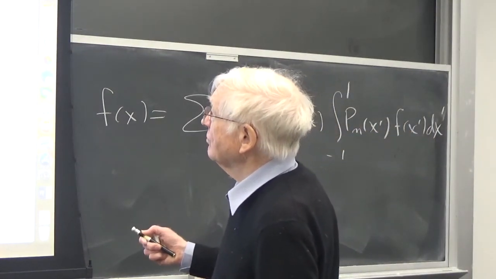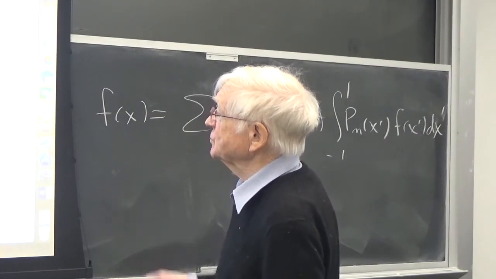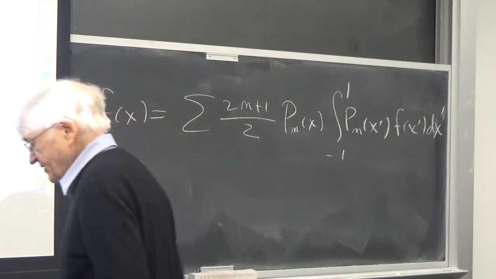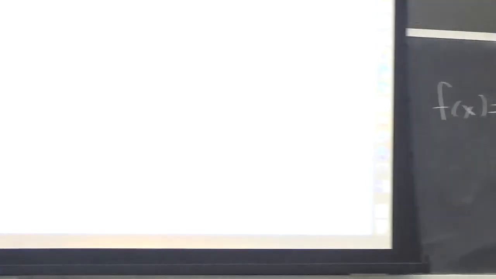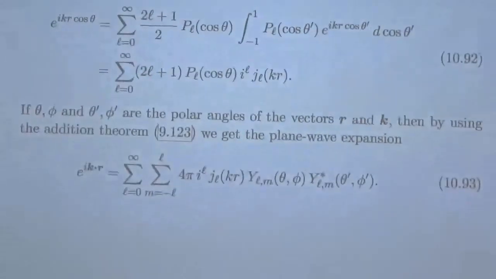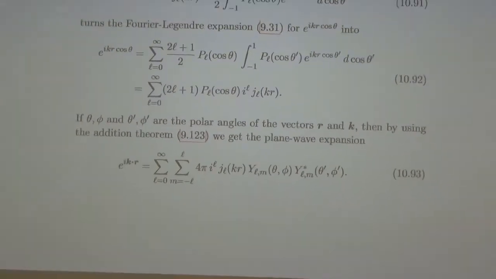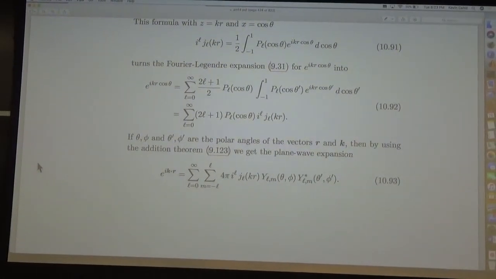And on the other hand, this expression here just gives you a spherical Bessel function. So this gives you the derivation of the equation that e to the i k dot x is a sum of PL of cosine theta times spherical Bessel functions. That's something that's used in scattering theory a great deal in non-relativistic physics. It's probably used in electrodynamics as well.